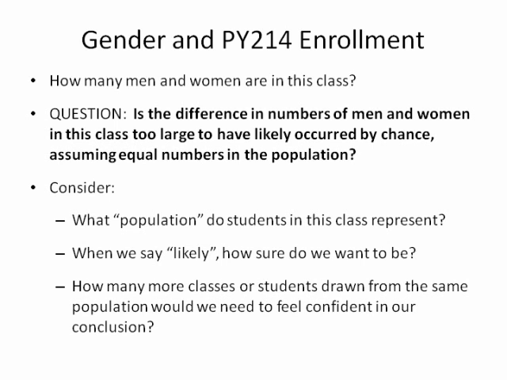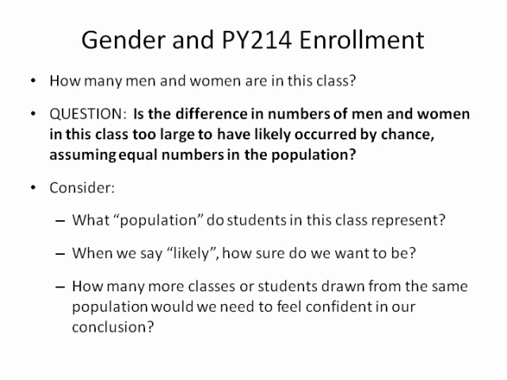Also, a third consideration: how many more classes or students drawn from the same population would we need to feel confident in our conclusion? I've looked at just this one particular PY214 online class here at UAB. Is that enough? Do you believe that you guys represent the population at hand? There are some things to consider there. We may think about sample size. In our class, we have, for this semester, fewer than 100 students, let's say.